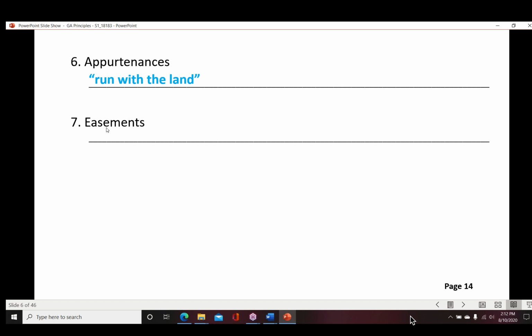So, I'm getting ready to give you the definition of an easement. Are you ready? Here we go. An easement is a non-exclusive, irrevocable right to use the property of another.